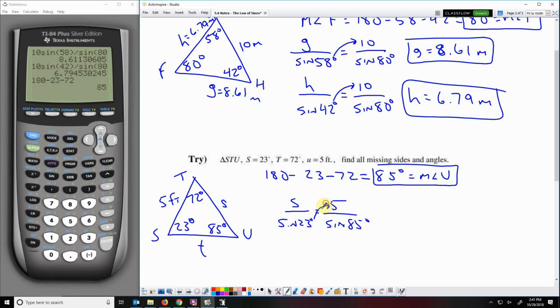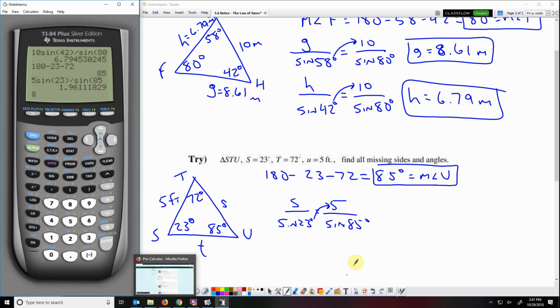So I'm going to multiply that sine 23 across, so 5 times sine 23 divided by sine 85. 1.96. And that is in feet.